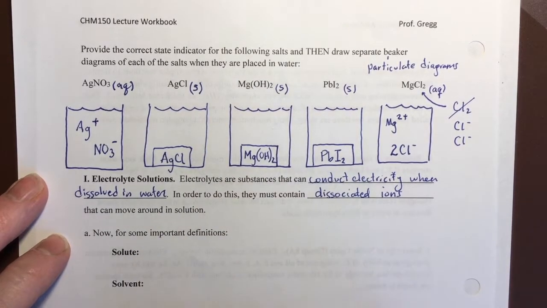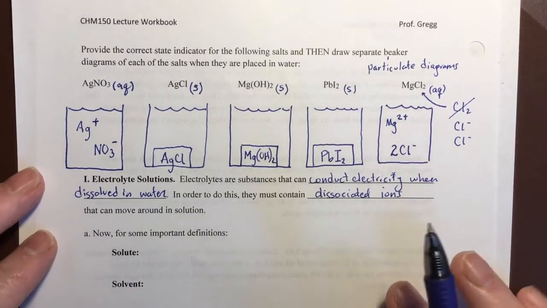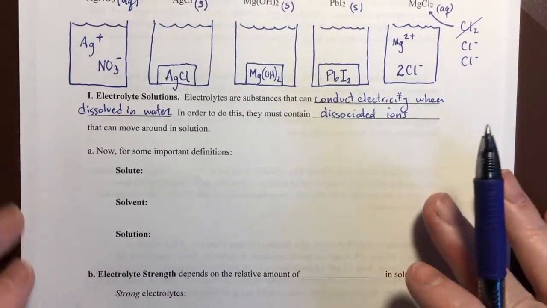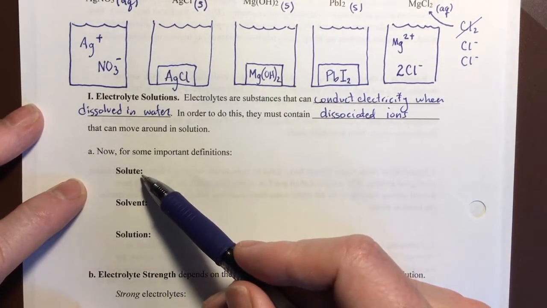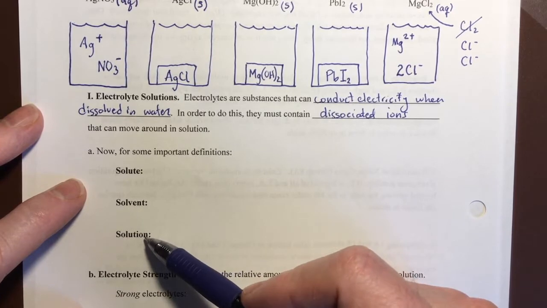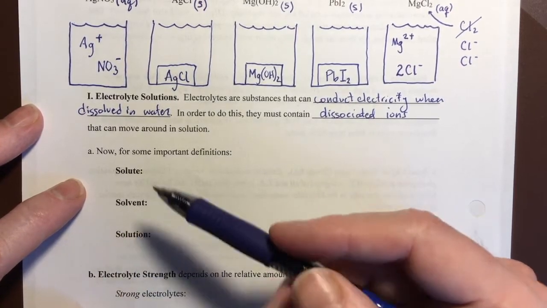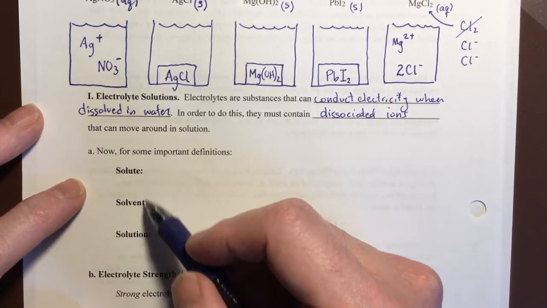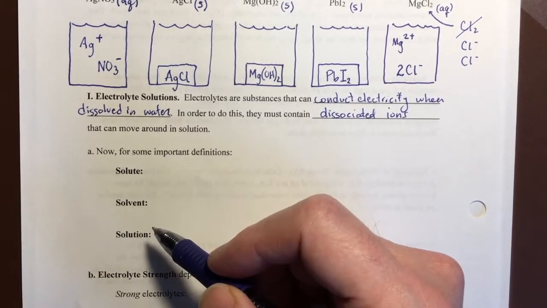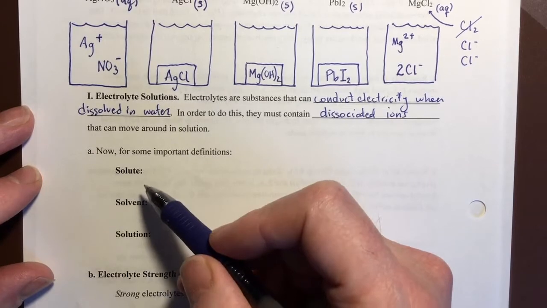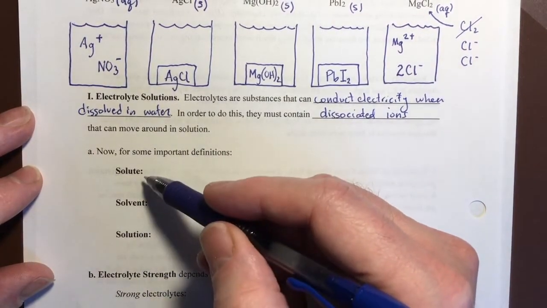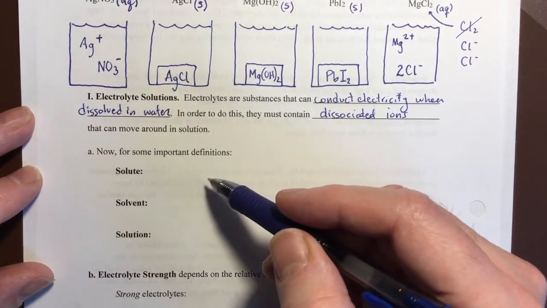Now, before we go further into what's counted as a strong, weak, or non-electrolyte, let's just make sure that we understand some of the terms that we're using. So I've used the word solute, solvent, and solution before, but I just want to make sure that we understand what we're talking about. A functional, practical definition for these will allow us to use them without getting too technical about it.